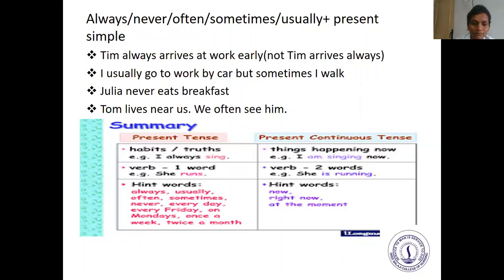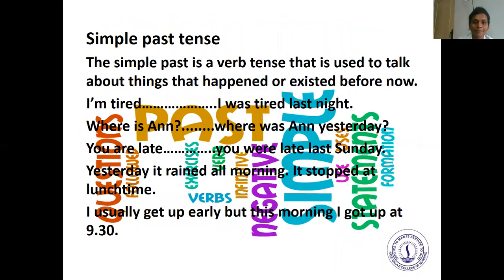And every day, every Friday, Mondays, once a week, twice a month, all these are hint words. And for present continuous, you'll use now, right now, and at the moment. For example, she is running now. She is running right now. So all these are the hint words for present continuous tense.